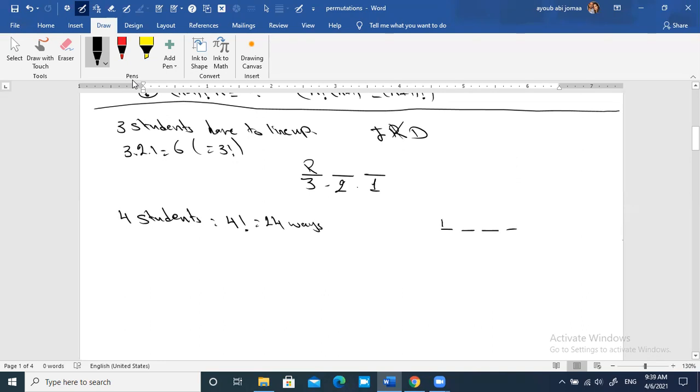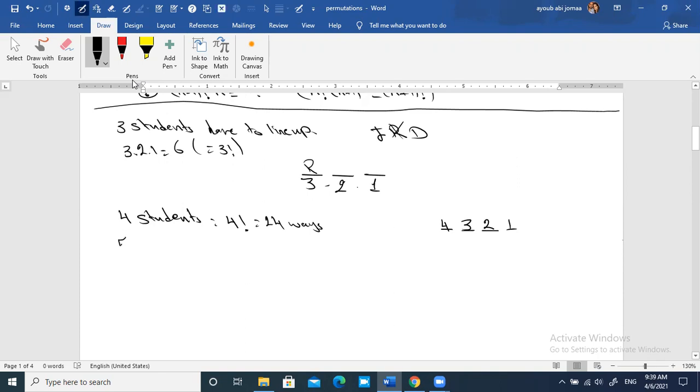The first place we have 4 choices, and the second one we have 3 choices, because already one student sits here. The third one we have 2 choices, since two students already sit, so we still have 2 students. So 2 choices for the third place and 1 choice only for the fourth place, and then the answer will be the product of these, which is 4 factorial, 24 ways.